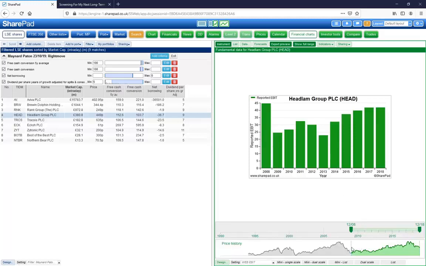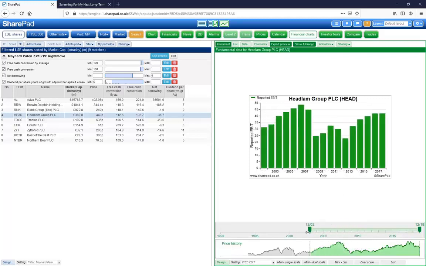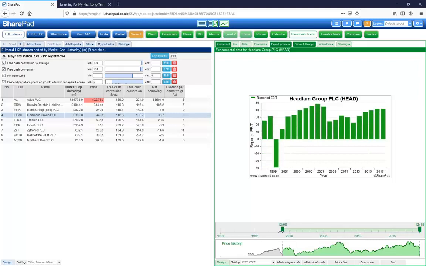Profit. So this is interesting. So the latest profit is not as high as the profits pre-banking crash. So during the credit boom, profits went higher and then fell and not really recovered.